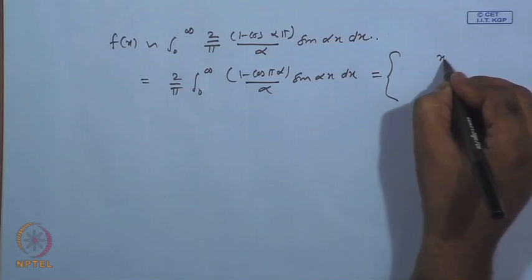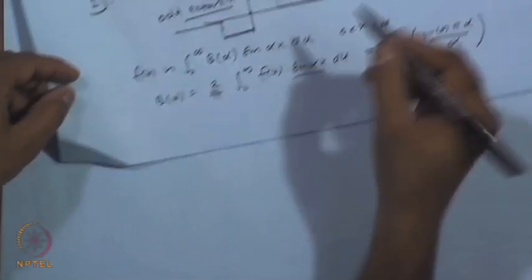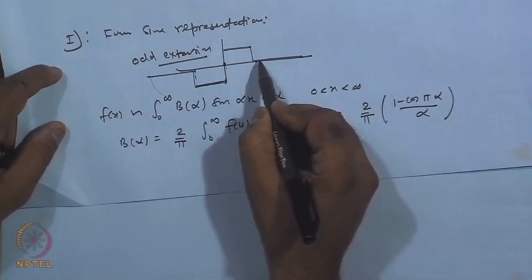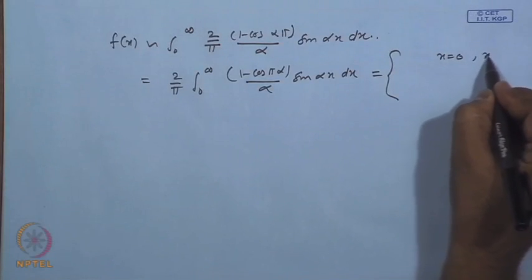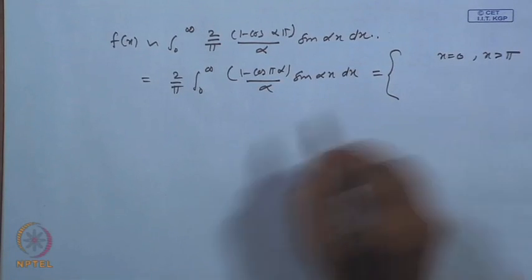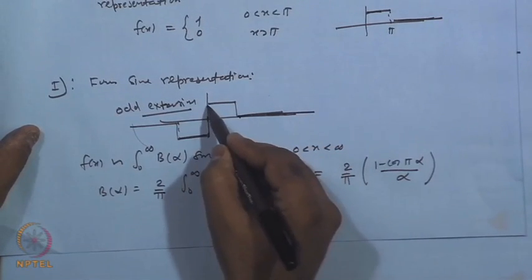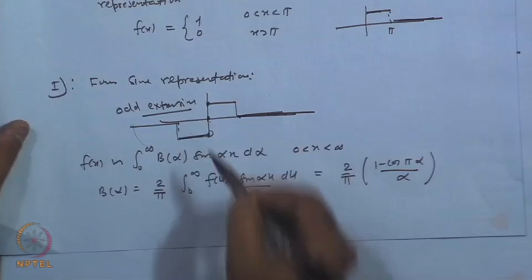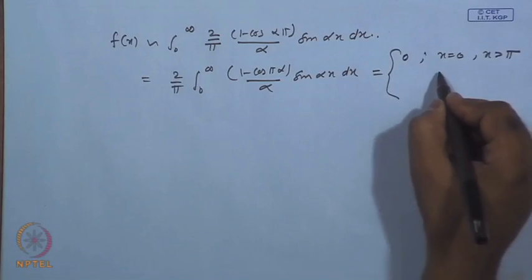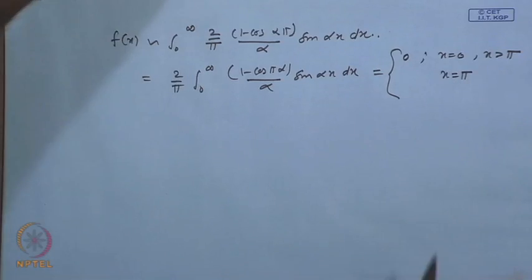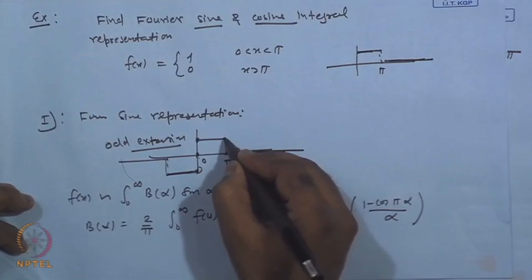So, at x is equal to 0, or x is greater than pi, the value will be 0, and at this point if we take the average, it is going to be again 0. And at x is equal to pi, we will take the average.